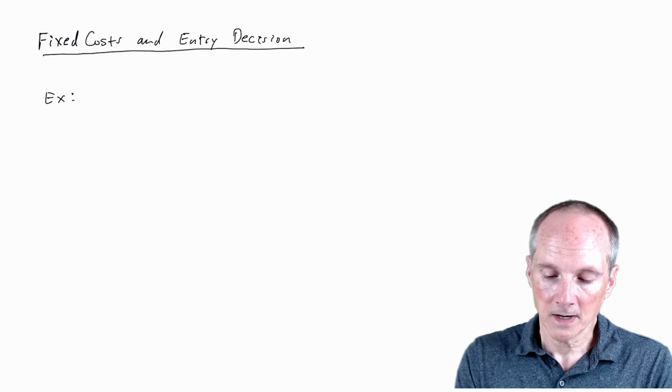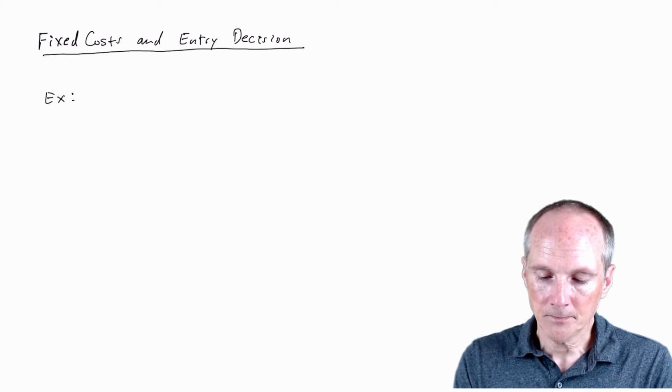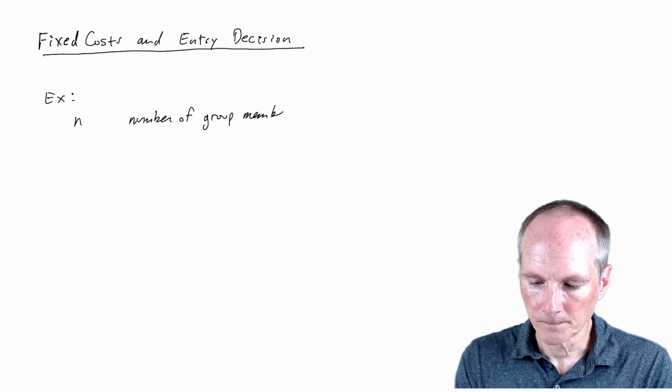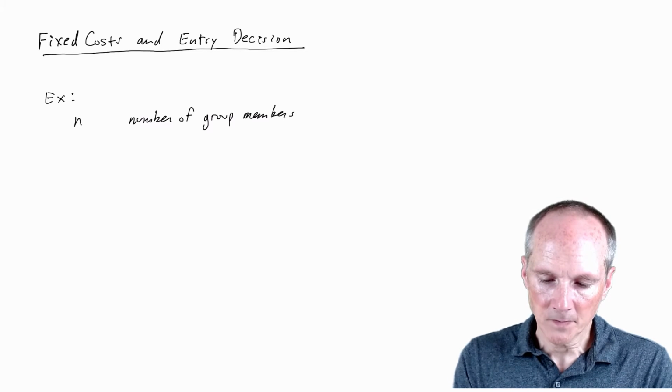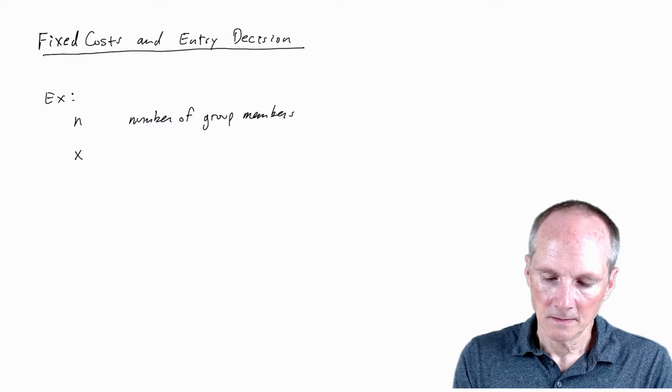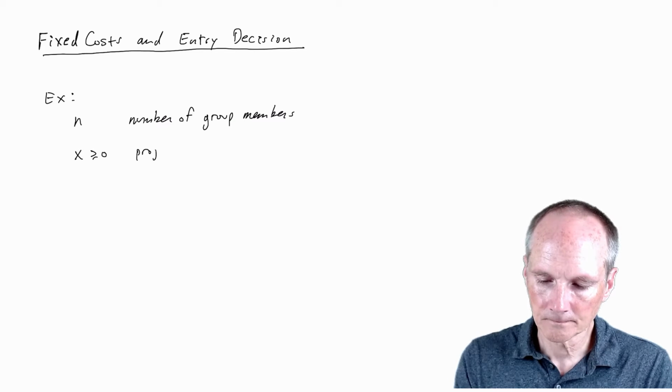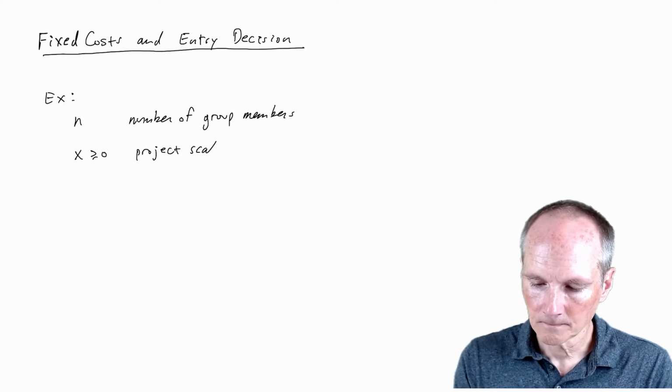Okay, so I'm going to have n group members. And there's going to be this non-negative scale of some project.